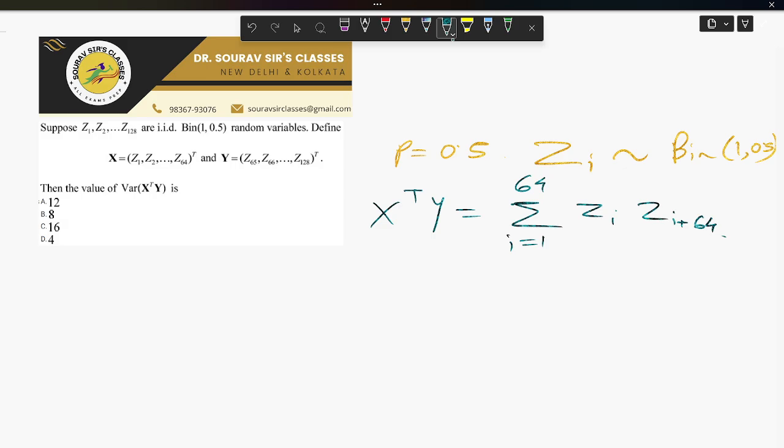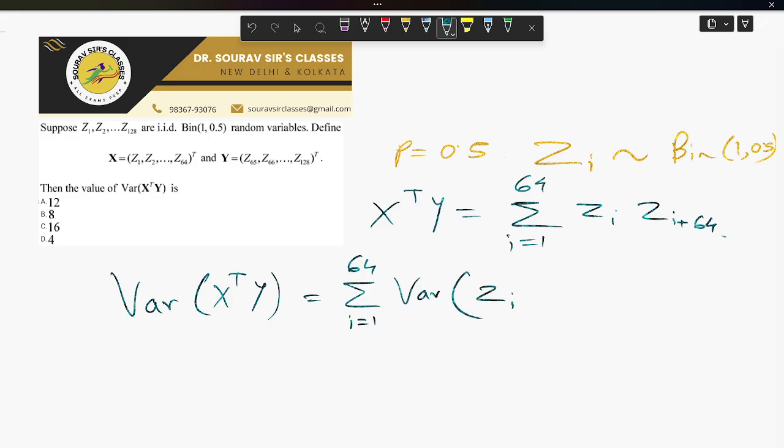So the variance of X transpose Y is the sum of the variances of the individual terms Zi times Z(i+64), because they are independent. So the variance of X transpose Y equals the summation for i equals 1 up to 64 of the variance of Zi times Z(i+64).